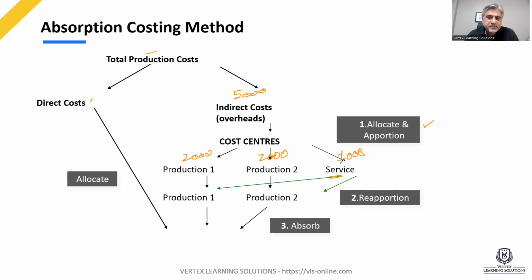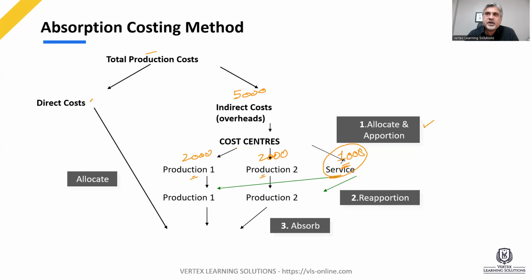So this service department, its cost is 1,000, but the service department does not produce anything, and they are not making any product which they are going to sell to the customer, and therefore they cannot recover their cost. They are incurring the costs, but they cannot recover the cost because they don't produce anything. Number one. And number two, the service department itself, we do not need it for its own sake. Why do we have a service department? To provide service to the production department, because production people are working.